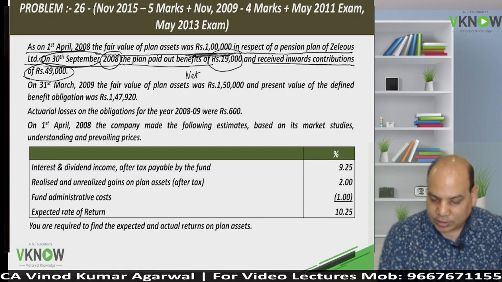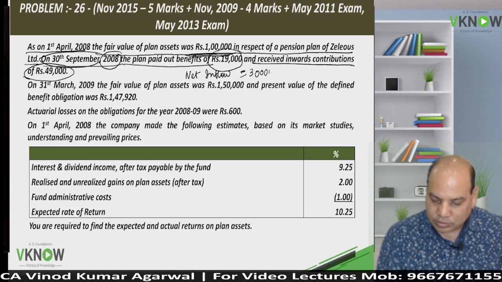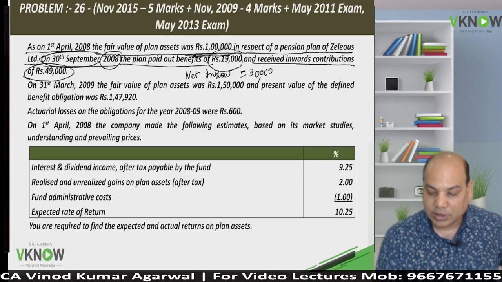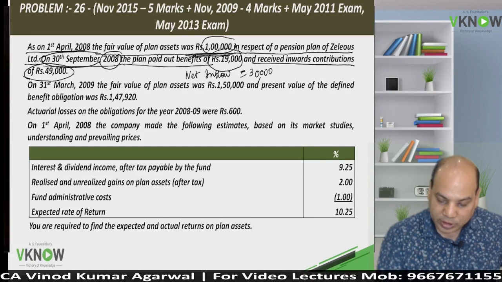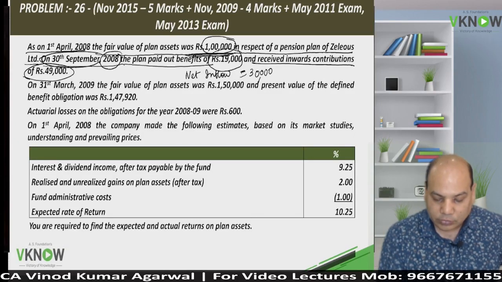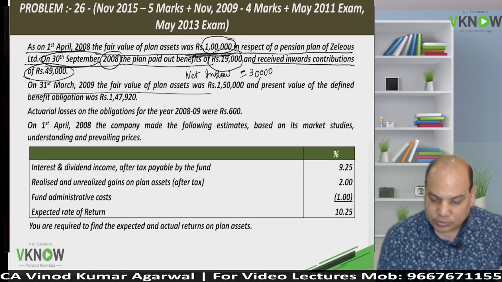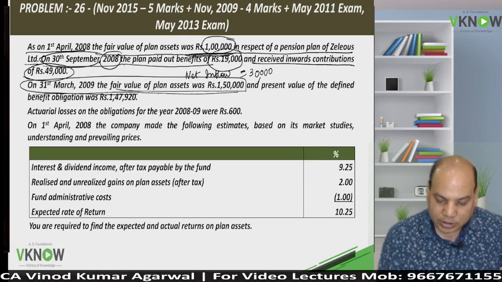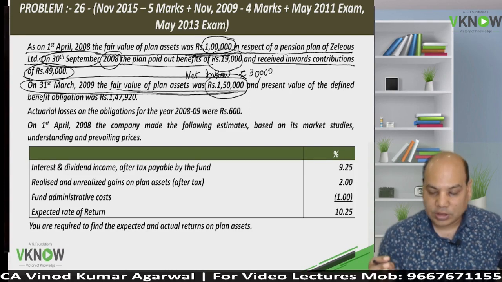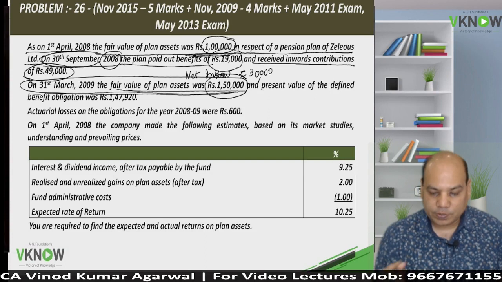So your net inflow is 30,000, 49,000 minus 19,000. Opening balance is 1 lakh. Then on 31st March, fair value of plan asset is 1,50,000. This is closing balance. Figures are similar to the previous problem.